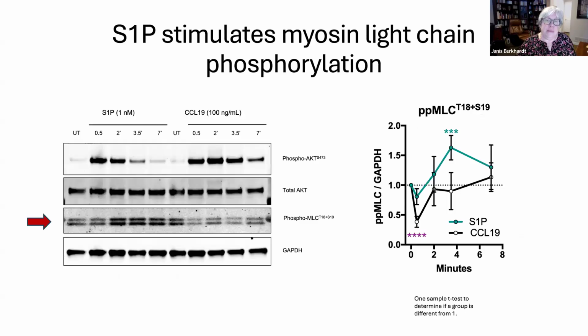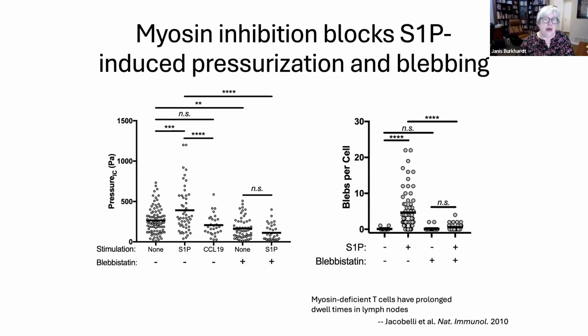And in thinking about what might be driving that, Tanner thought, well, maybe it's to do with actin-myosin contractility. That's one of the big things that could do it. And in fact, when we stimulate cells with S1P, we get phosphorylation of myosin light chain, which is an indicator of increased actin-myosin contractility.